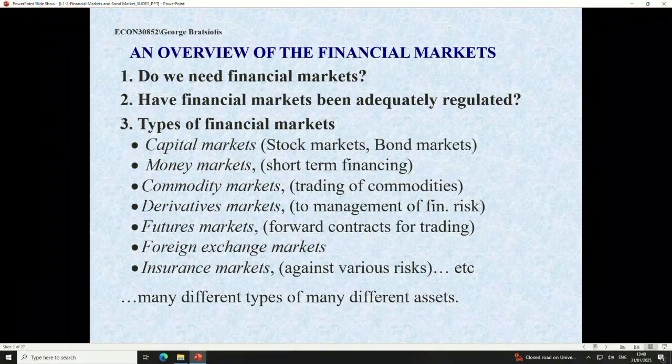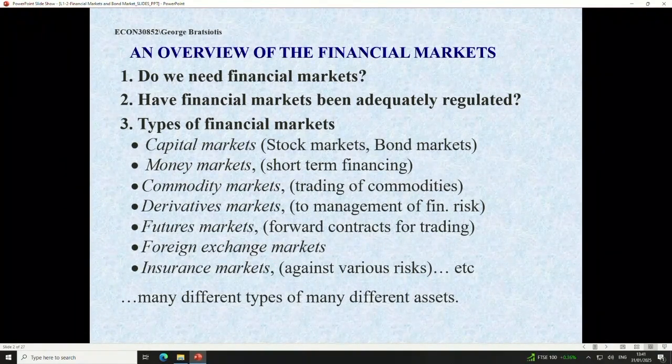The foreign exchange markets, you understand, have to do with currency risk and exchanging currencies, but not just that. There's a lot of investment there as well. And then you've got the insurance markets that facilitate the redistribution of various risks.